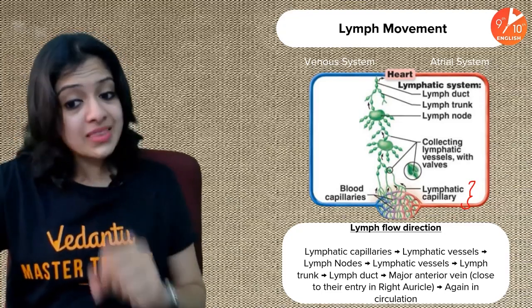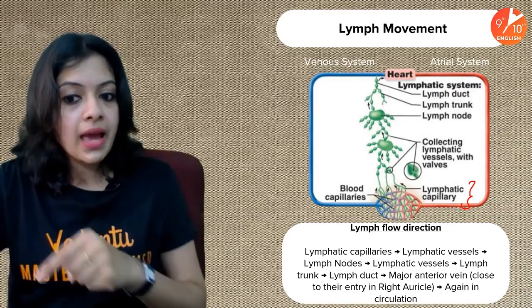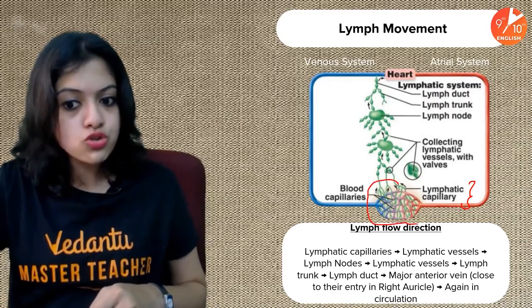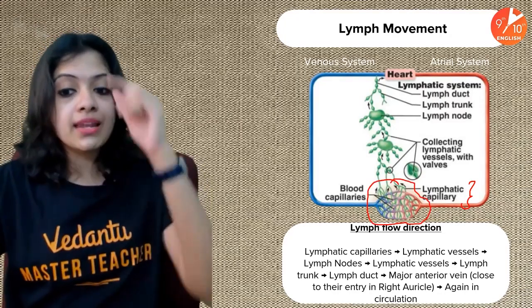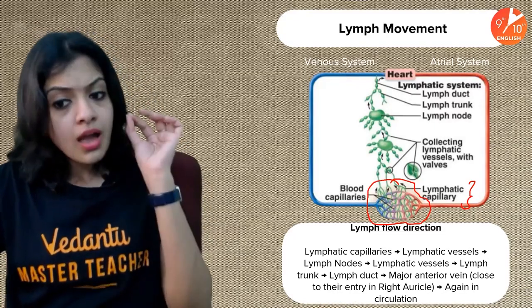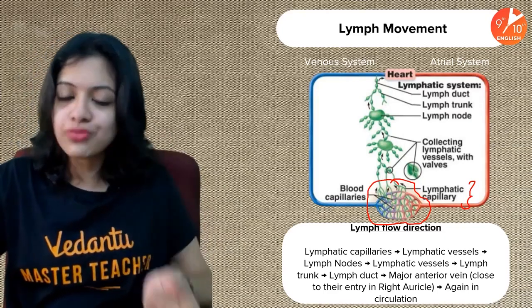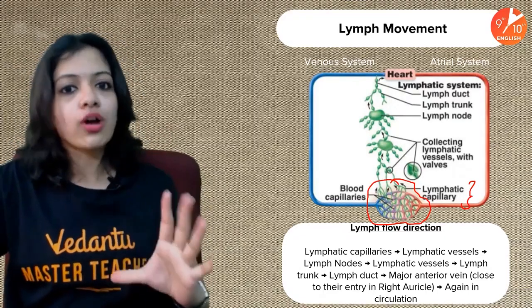These tiny green tubes which you see in close proximity to blood capillaries, I want you to focus on this area. Notice the lymphatic capillaries there, which are the greenish tubes. These lymphatic capillaries are where the tissue fluid is entering first. That is when we call it lymph.